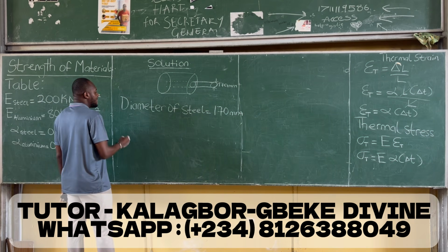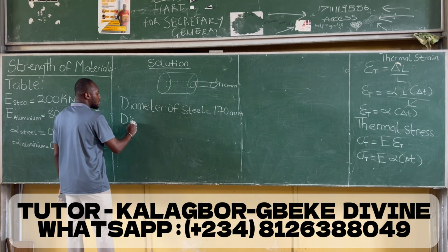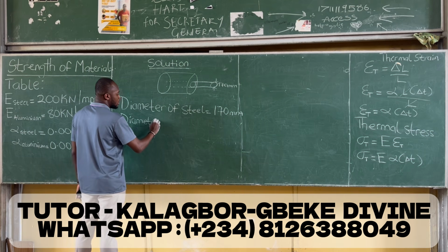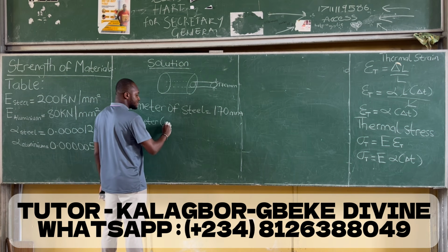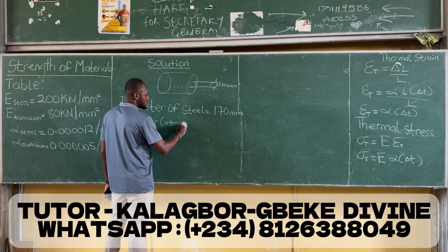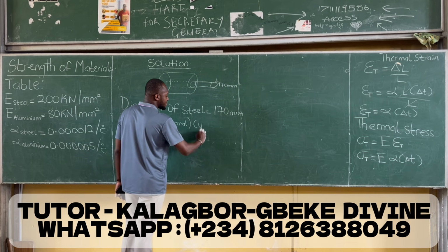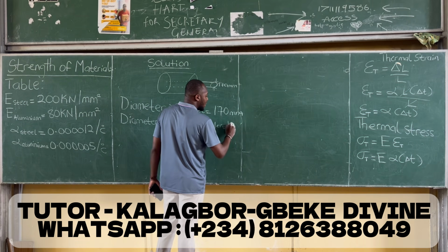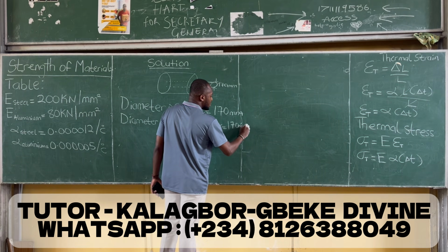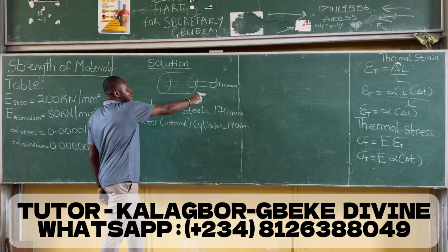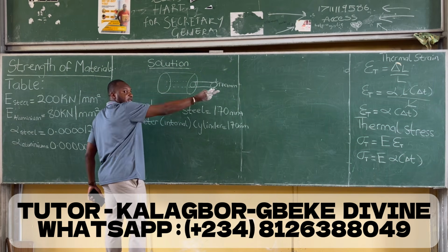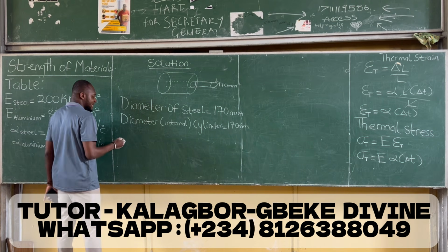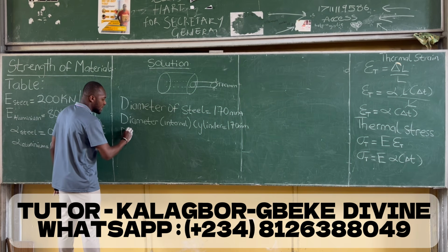And the internal diameter of the cylinder is also 170, right? Because this one is entering inside. So if the diameter of this one is 170, the hole here is also 170. So you can fit it and close it completely, right? So the external diameter, what did they give us as the external diameter? 220.